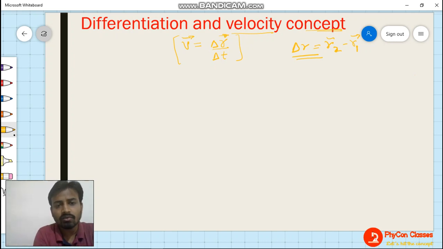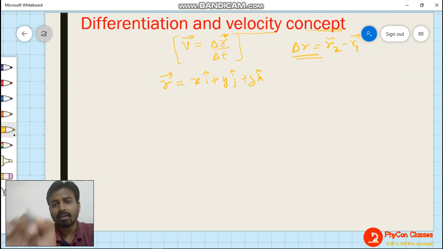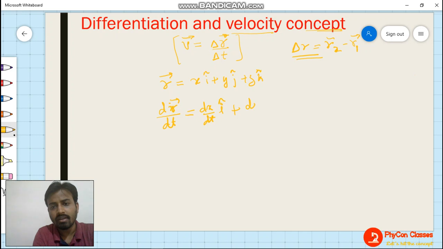Clear? Now see how to write a position vector. Position vector is x i cap plus y j cap plus z k cap. If I want to differentiate this with respect to time, dr by dt will be equal to dx by dt i cap plus dy by dt j cap plus dz by dt k cap.